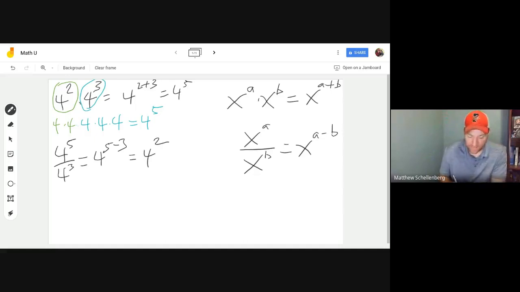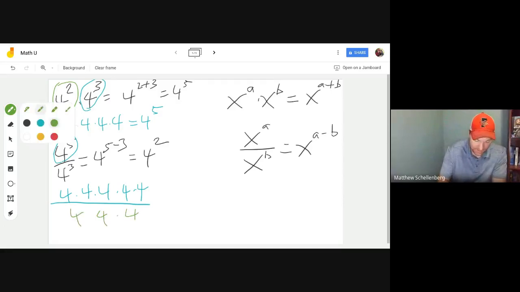So let's see why. 4 to the 5th, let me do some colors. 4 to the 5th, isn't that actually 4 times 4 times 4 times 4 times 4? And tell me, isn't 4 cubed actually 4 times 4 times 4? I believe it is.